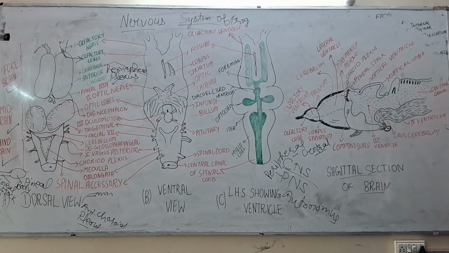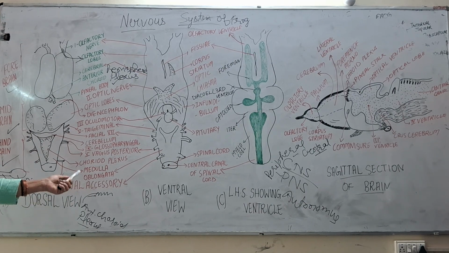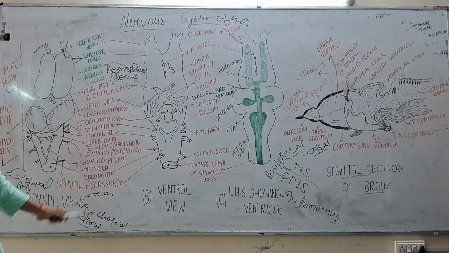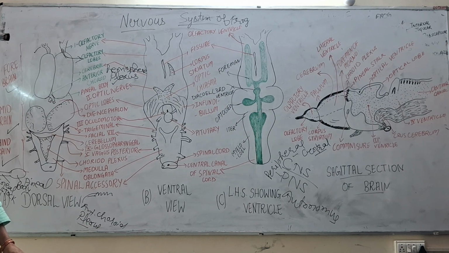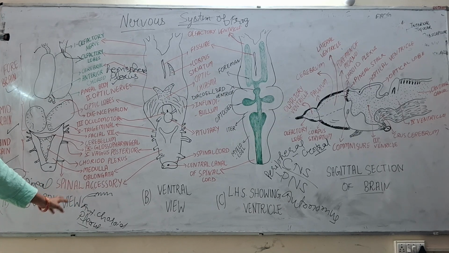From this portion, the blood vessels bring nutrients plus oxygen, which is filtered into the cerebrospinal fluid. So where does the fluid in the cerebrospinal fluid come from? It comes from the anterior choroid plexus.